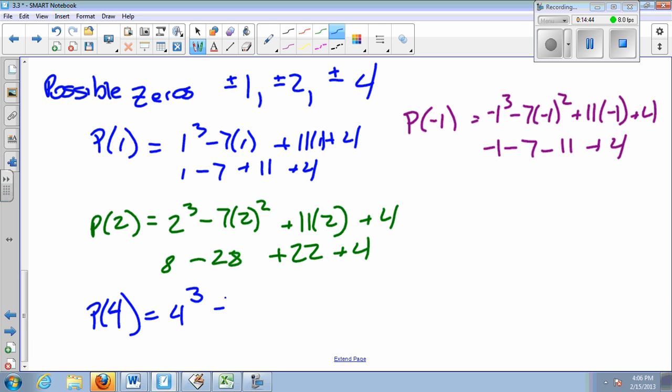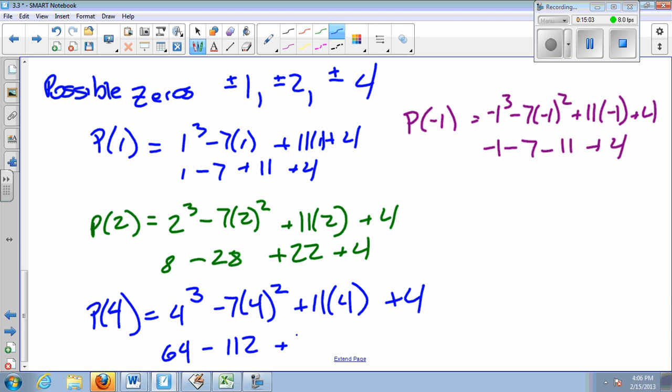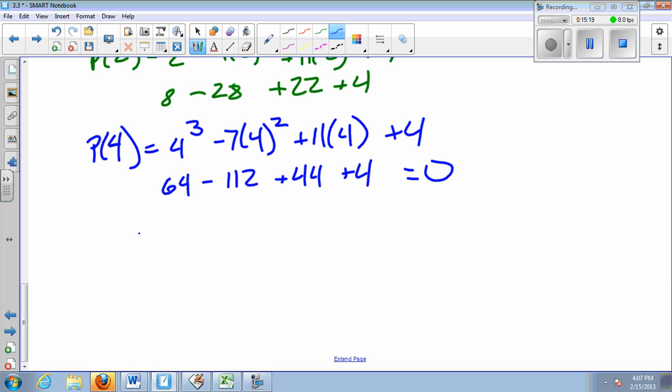4 cubed minus 7 times 4 squared plus 11 times 4 plus 4. So we get 64 minus 112 plus 44 plus 4. Let's see, 64 minus 112 is negative 48, plus 44 plus 4 goes to 0. So one of our solutions is also x minus 4.